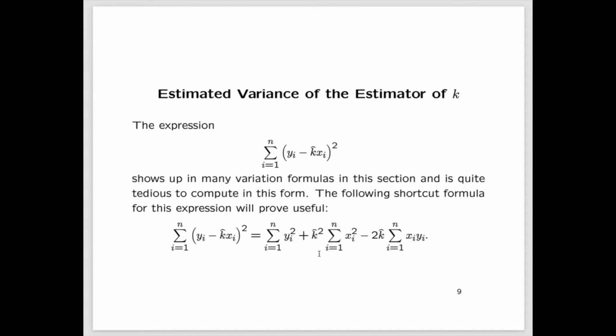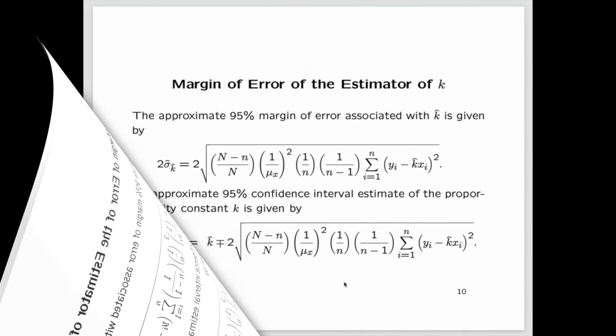We calculate k hat from the data, and then we put them together in this form, and that is equal to this quantity, the sum i going from 1 up to n of the square of y sub i minus k hat times x sub i. So this is an easier way to calculate that quantity, and then once we have it, we can plug that into the formula for the estimated variance and estimated standard deviation of the sampling distribution of k hat.